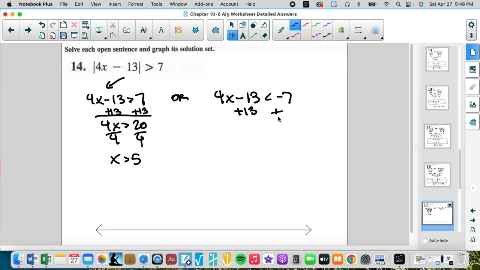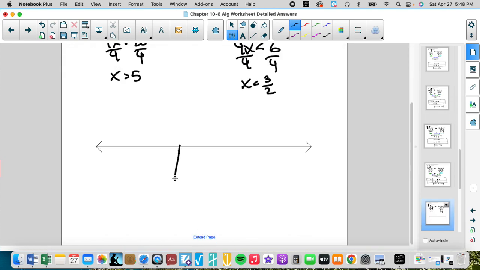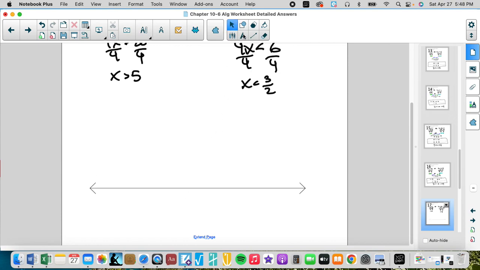Add 13, add 13. 4x is less than, that's 6. Positive 6 divided by 4. We get x is less than 3 halves. So there we have to reduce. There we must. Every math teacher will tell you that all fractions have to be reduced.